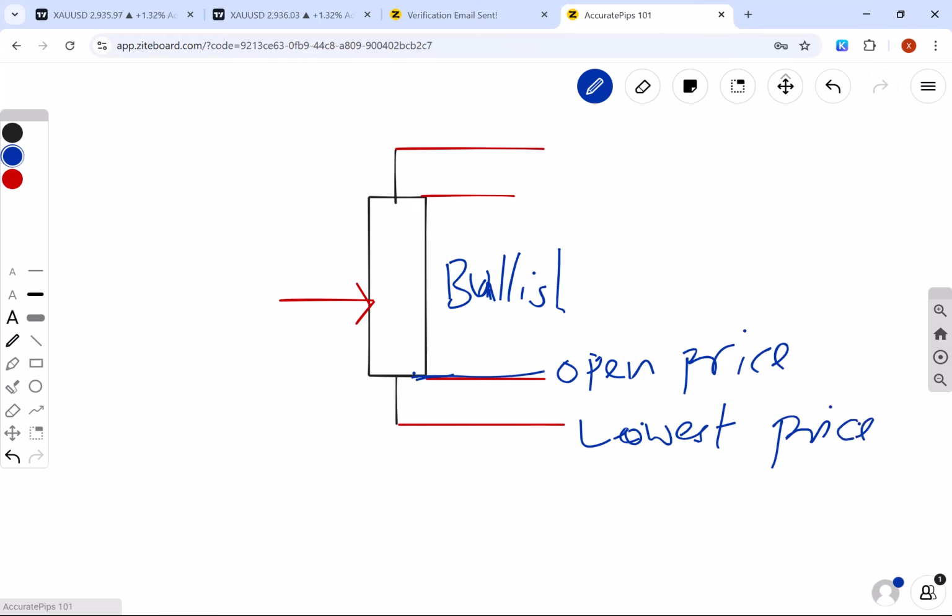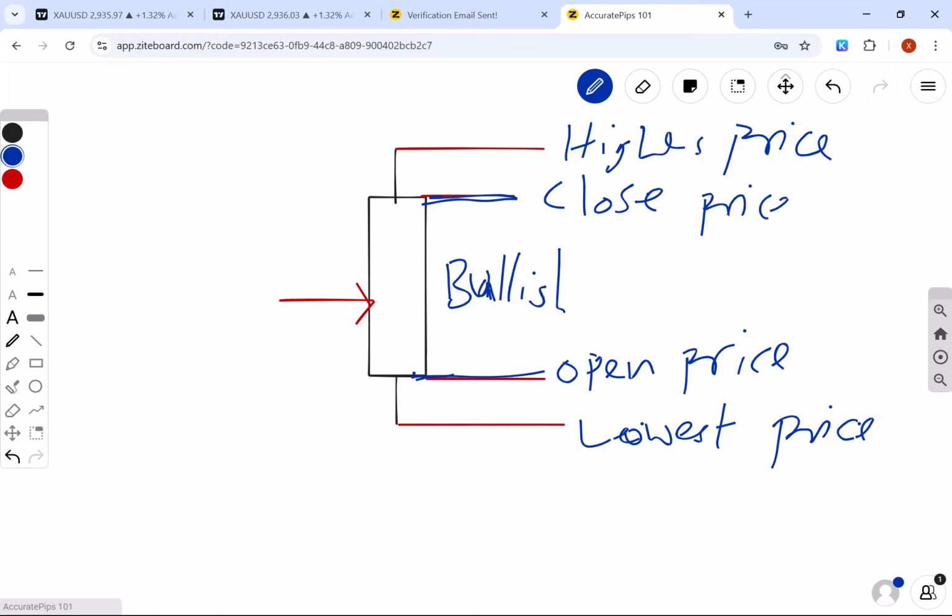Okay, the top here is called the highest price, and this side here is the closing, or yeah, the close price or the closing price. Then this entire section here where I am pointing with the arrow is the one we refer to as the body of the candle. Okay, the body of the candle.